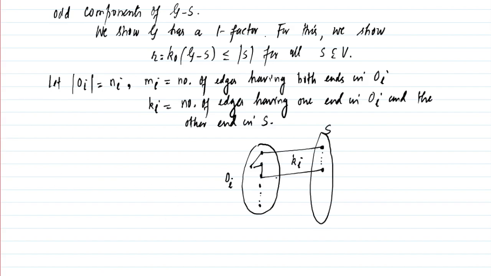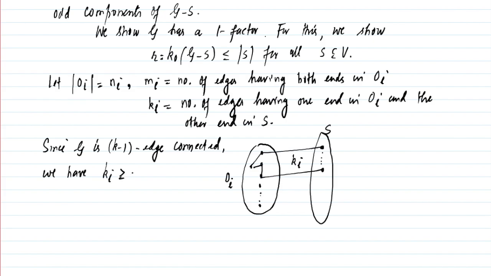Now first of all, since G is k minus 1 edge connected, we have ki greater than or equal to k minus 1. The reason is, let's look at the definition of ki first. ki is the number of edges from Oi to S, and the graph being k minus 1 edge connected means that the removal of fewer than k minus 1 edges from the graph G does not leave the graph disconnected.